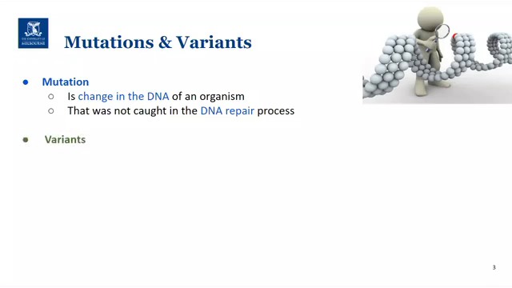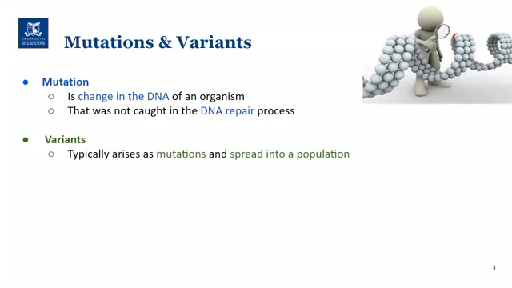Okay? So, and we have another concept, which is a variant. So what's the difference between a mutation and a variant? Does anyone know? So what's a variant and what's a mutation? They're both changes. But what's a variant? Not sure? Okay, so the variant is a mutation, but it's a mutation that has been fixed in a population.